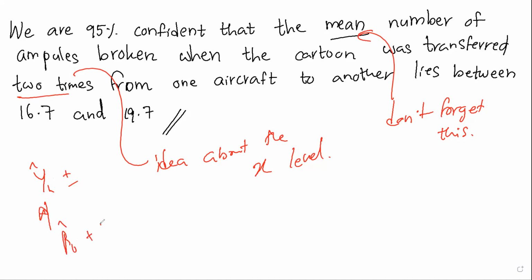Beta naught hat plus beta 1 hat X h. Whenever this changes, the confidence interval changes accordingly. That is why it's important to give some idea about the X level as well to make the answer complete. So remember that. Okay, good try.